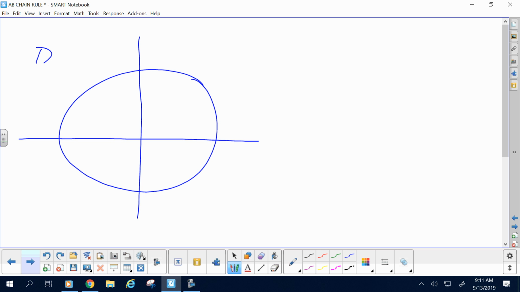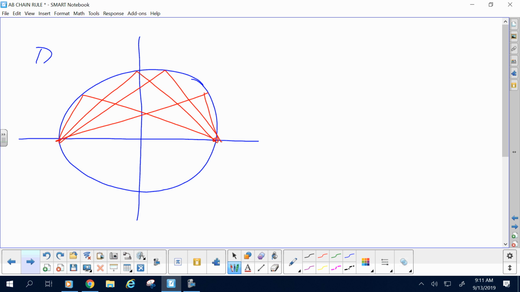All right, so there are many triangles that you could make that inscribe the diameter, like this, or like this, or like this, or like that, or so on. All of these are that same kind of situation, yeah?